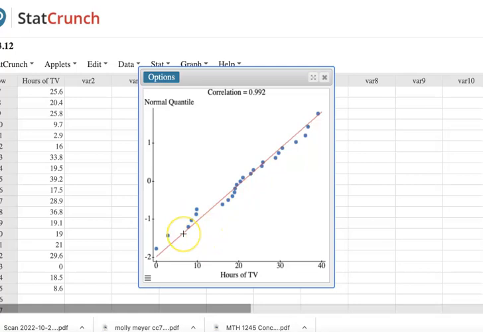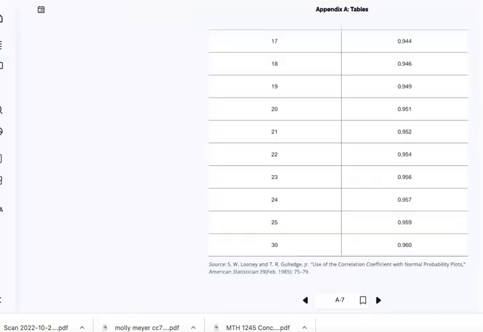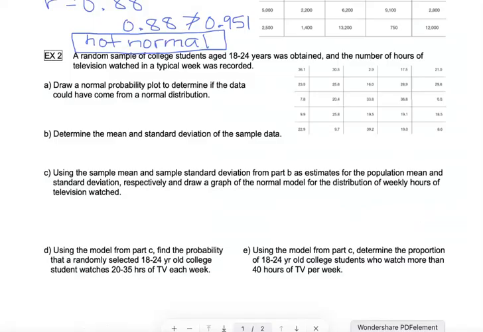And again, we don't make decisions based on just what our eyeballs tell us. The correlation coefficient is 0.992 here. So we need to go back and compare that to what I would see from my table. N equals 25. The critical value is 0.959.